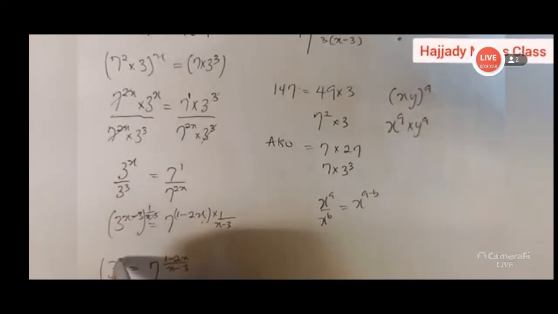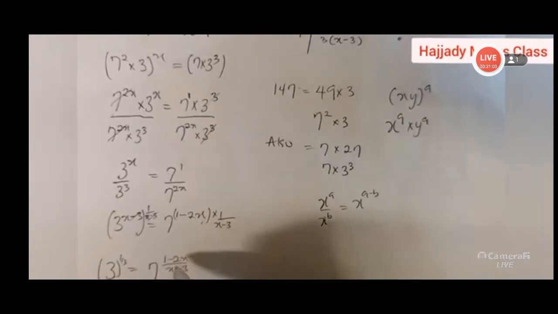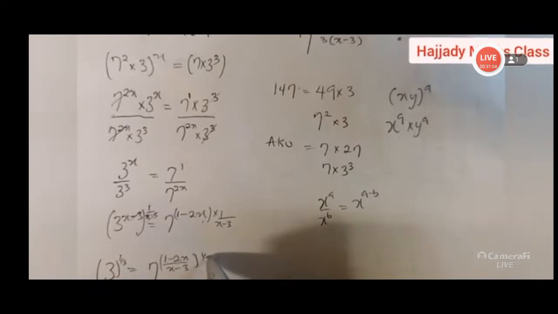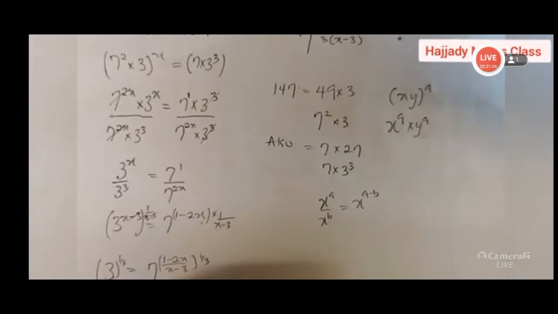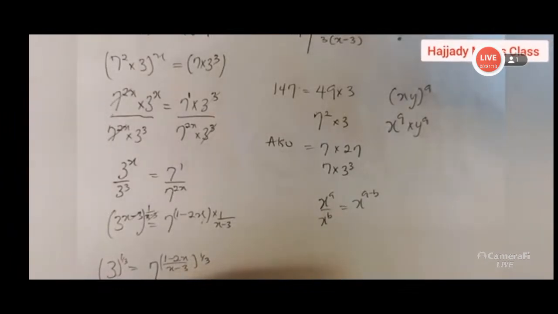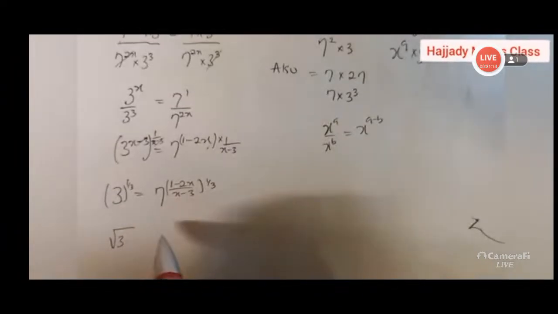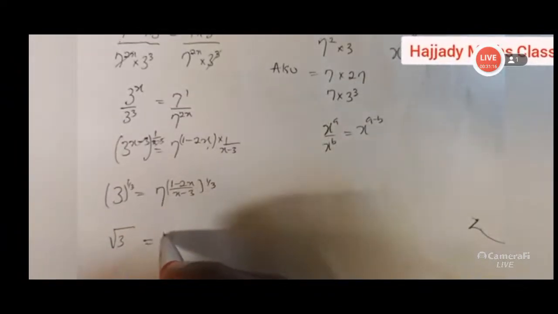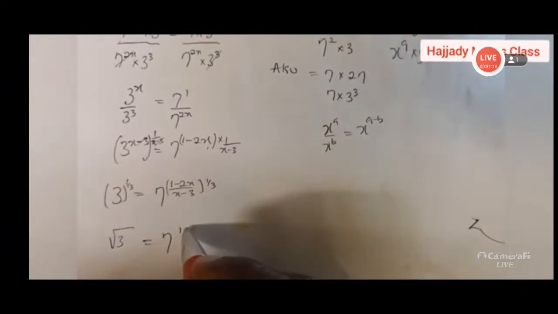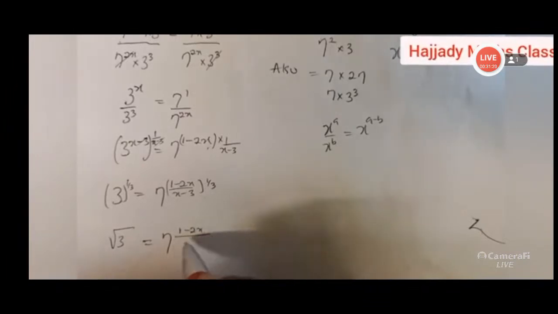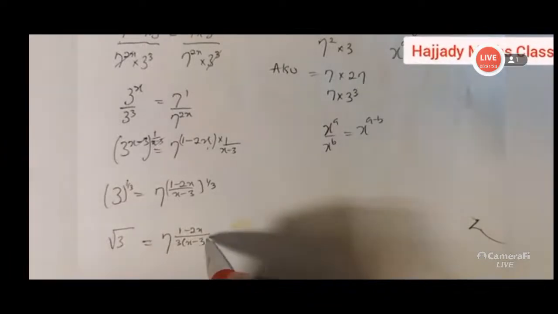So we want to multiply the root of both sides by 1 over 3 again. So here we are going to have, at the left hand side, the cube root of 3 equal 7 raised to power 1 minus 2x all over 3 into bracket x minus 3.